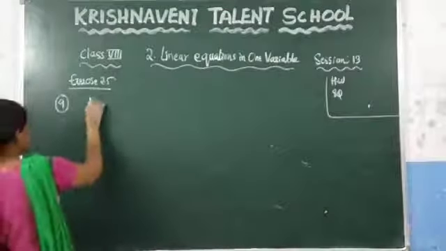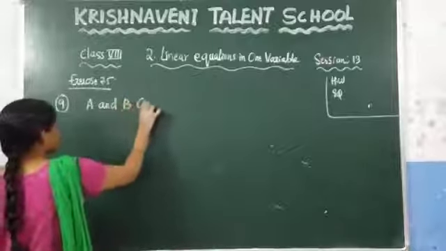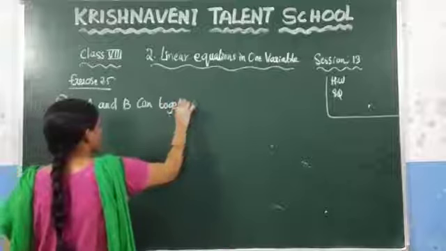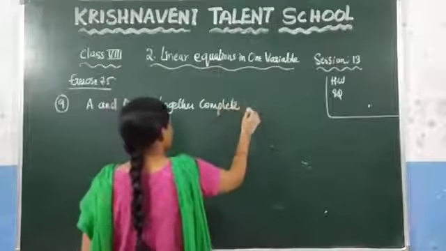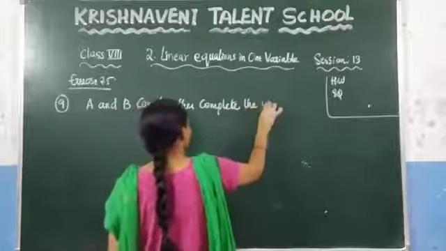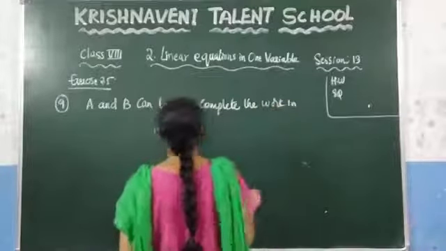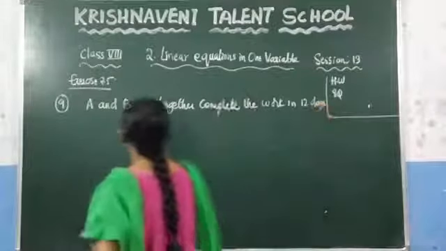Now write it here. A and B can together complete the work in how many days? They have given 12 days. So write it here.